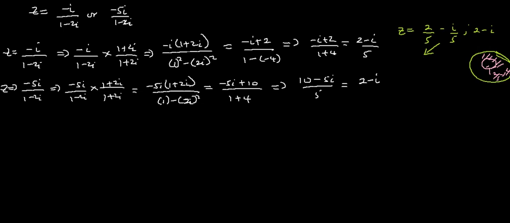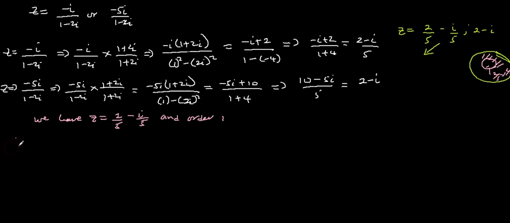So making use of that now, we have z equal to 2 over 5 minus i over 5, and the order here is 1. So we're going to make use of this, and this is our pole and this is our order.